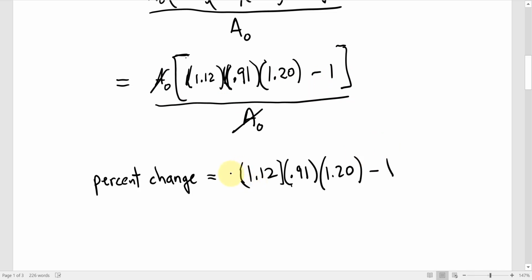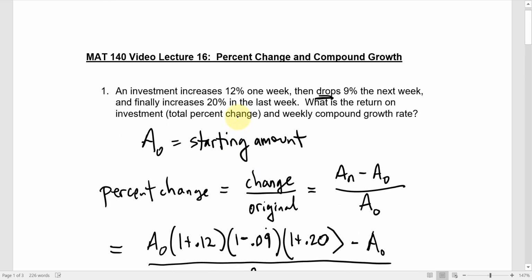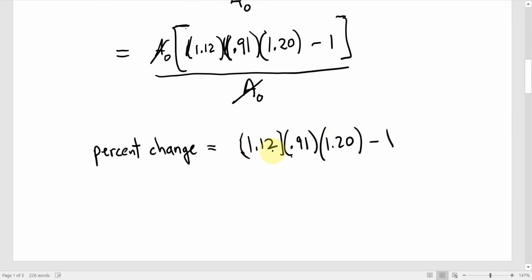You could even think of this as if you had started with $1, then this would be the new amount, and then we would subtract the original dollar, and divide by $1 to get the percent change. Typing all that in, you get about 0.22.